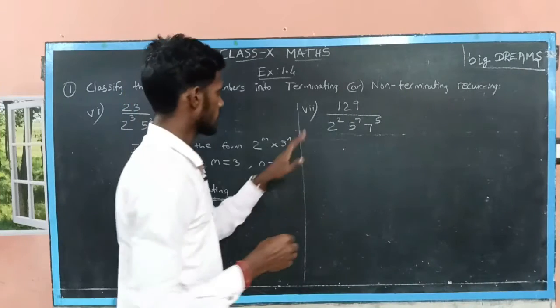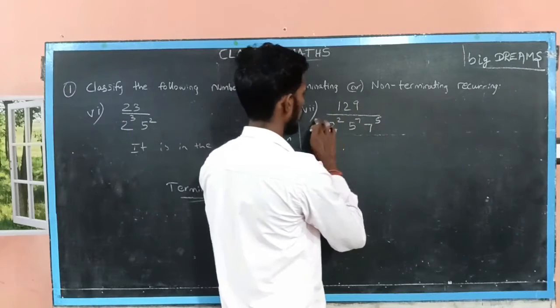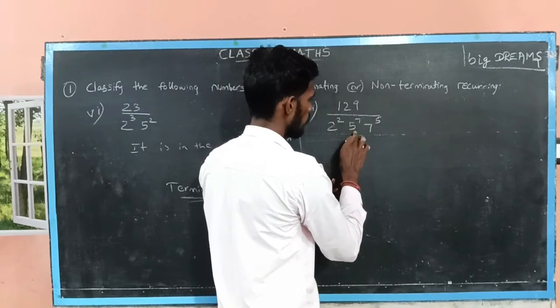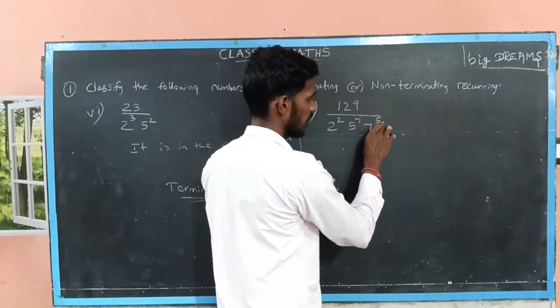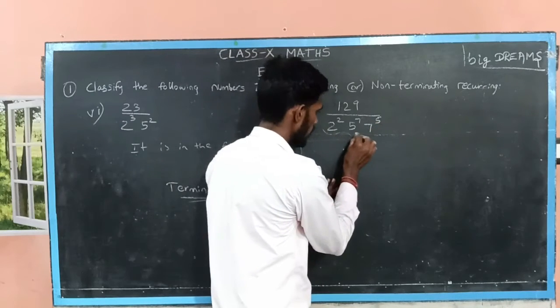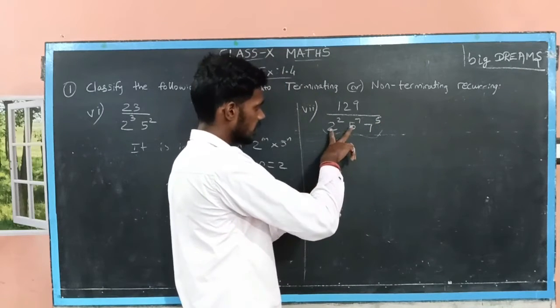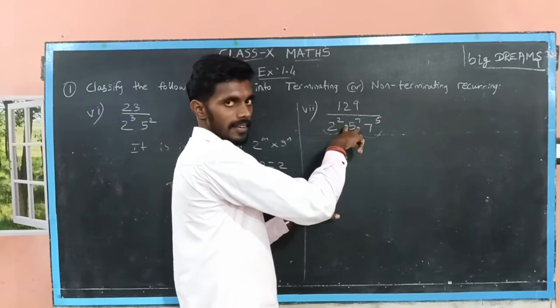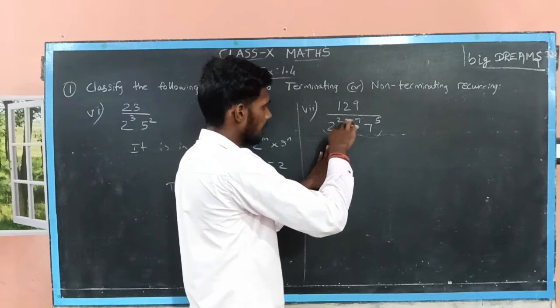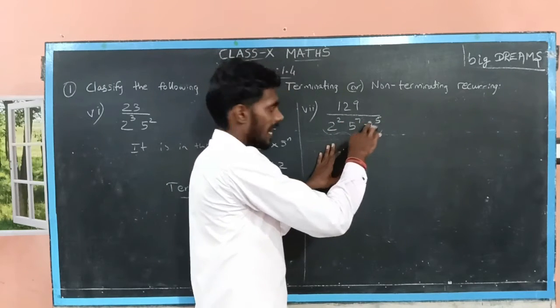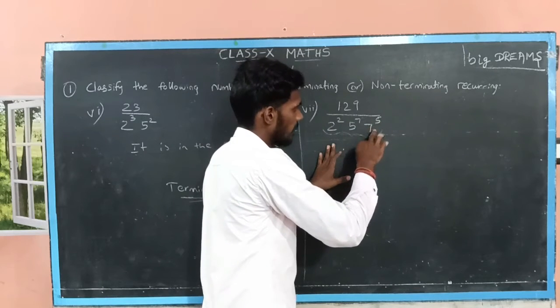Okay. Next, the seventh subdivision, 129 by 2 power 2 into 5 power 7 into 7 power 5. See the denominator carefully. It is having the factors 2 and 5, right? So it is having 2 power m and 5 power n, but it has some extra factor 7 power 5.